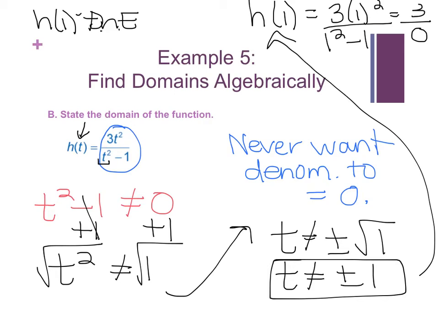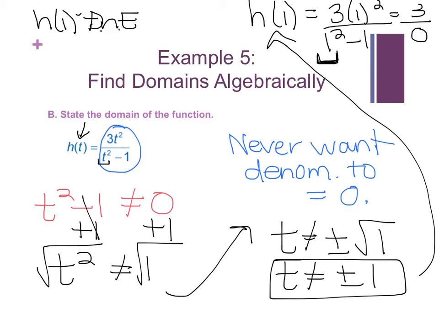H of 1 does not exist, and neither does h of negative 1, because even if I plug in negative 1 rather than positive 1, I would still get negative 1 squared minus 1, which is 1 minus 1, which still gives me a 0 in the denominator. Now, to state our domain, we have a couple options.